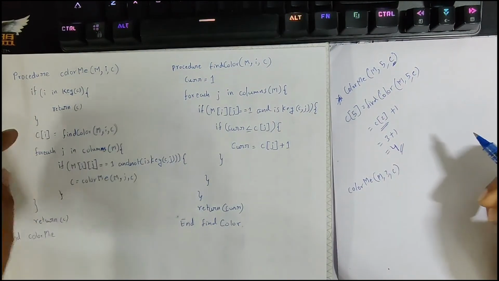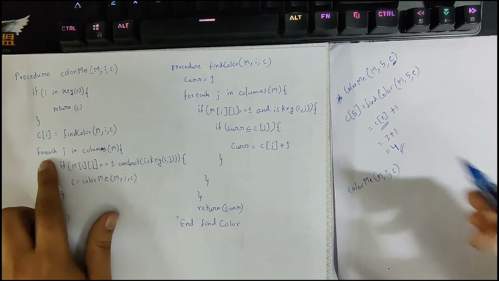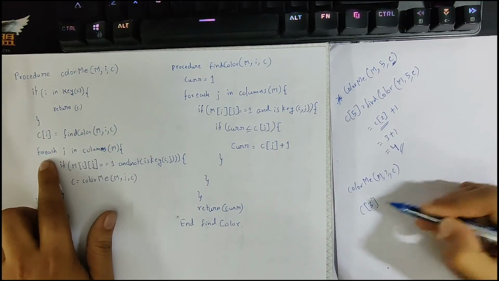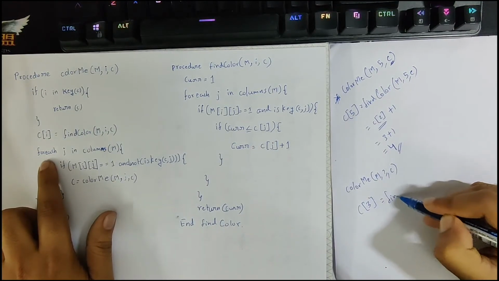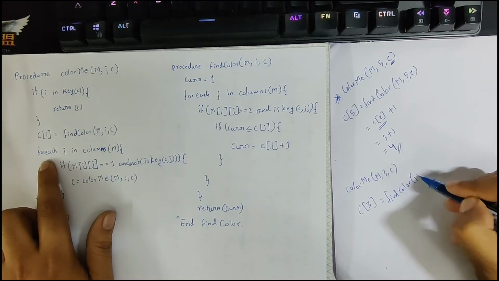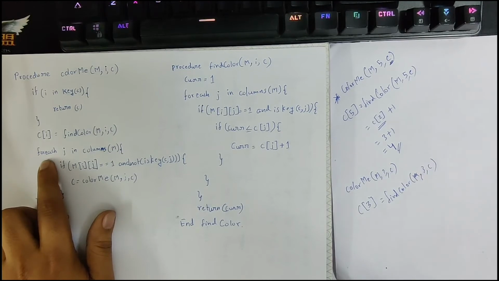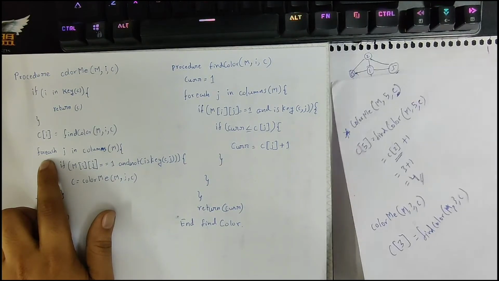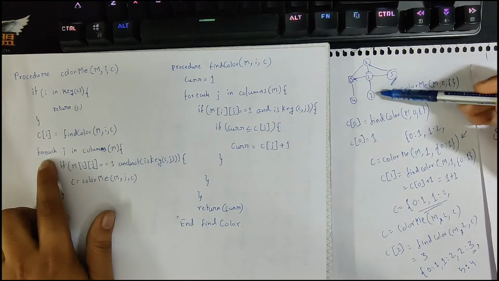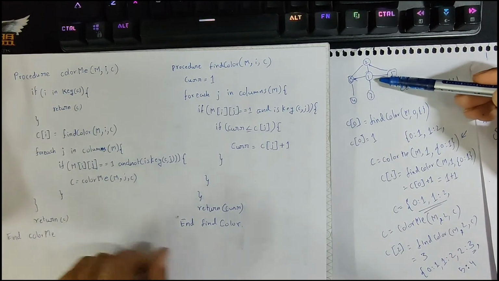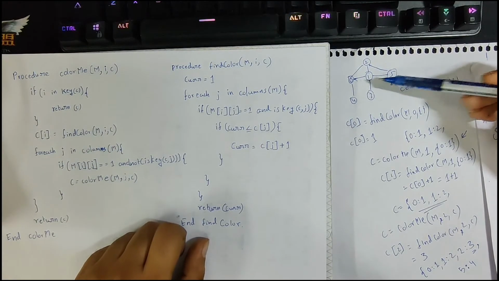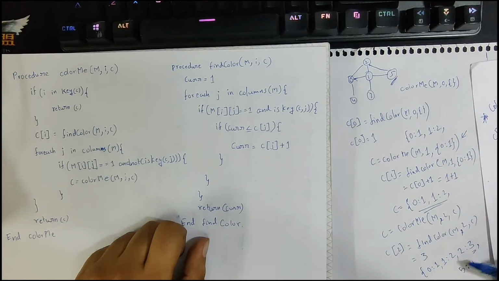So 3 is not in the keys, and we have to find C of 3 as find color of M, 3, C. Okay, 3, there is only one edge, 3 to 1, and the value of C of 1 is 2.